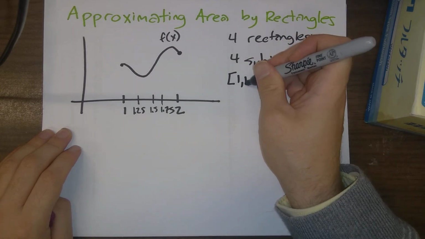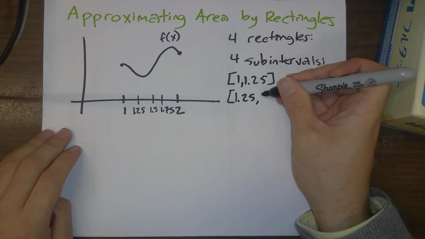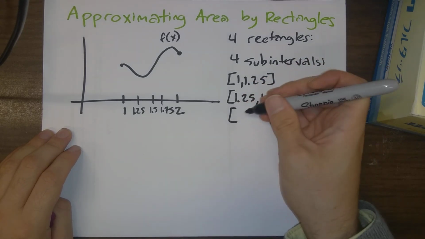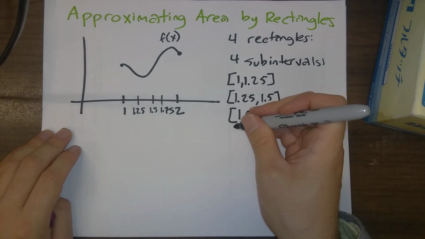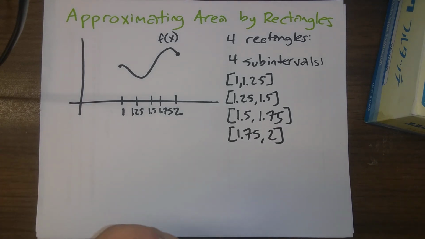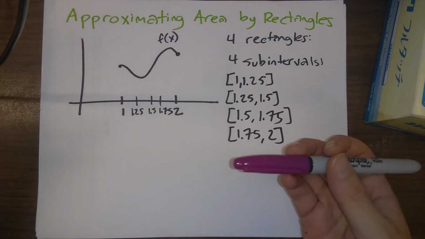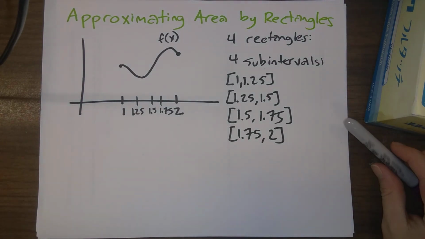So 1 to 1.25, 1.25 to 1.5, 1.5 to 1.75, 1.75 to 2. Those are our 4 subintervals. This is a particular case here, 1 to 2, with 4 subintervals.